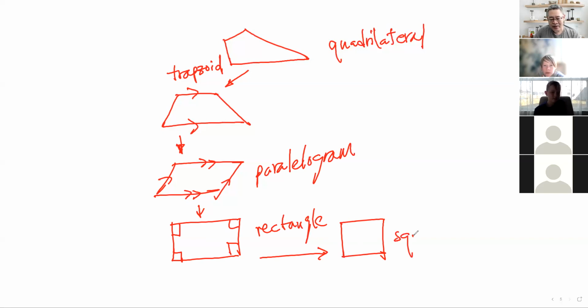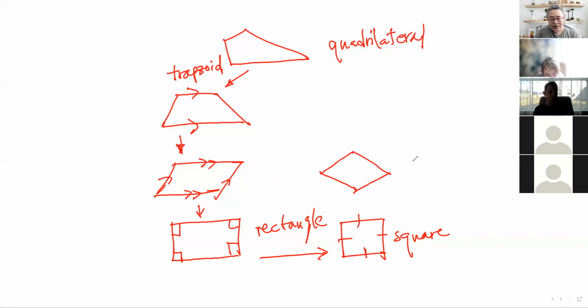So square, we got all sides are congruent. And we can see that we could have a special case of this, which is a rhombus, and that could be something.